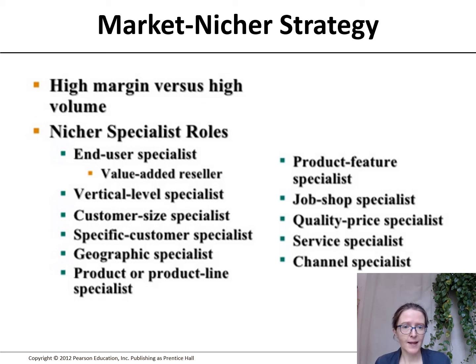Could it be about being a particular product or product line specialist, and product feature specialist, or job, shop, quality, price, service, or channels? So those are all ways in which we can create a market niche strategy in actually being more specific on the kind of market and the areas that we are specializing in.